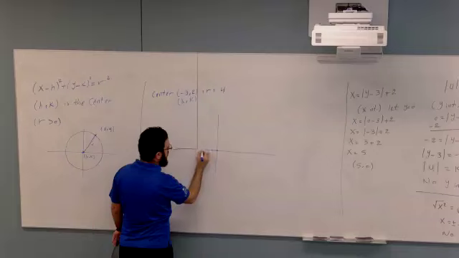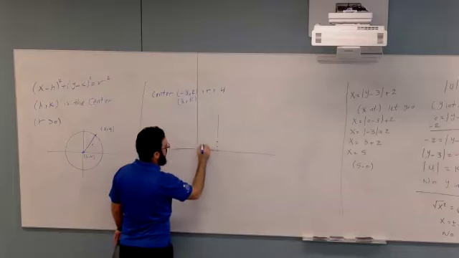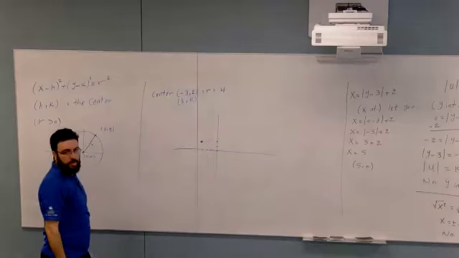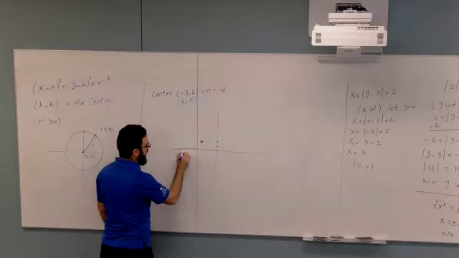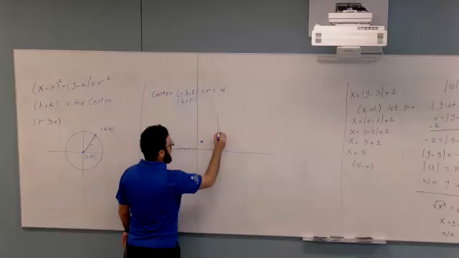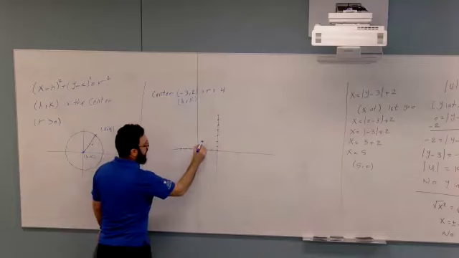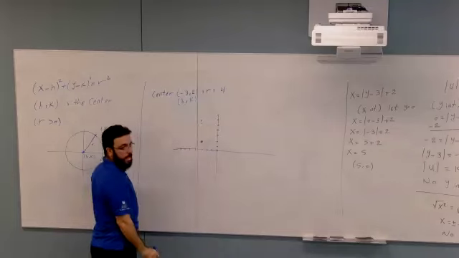So we go -3, 1, 2, 3, and 2 up. So this is the center of the circle. Now, how much is the radius? 4. So from here, we have to count 4: 1, 2, 3, 4.